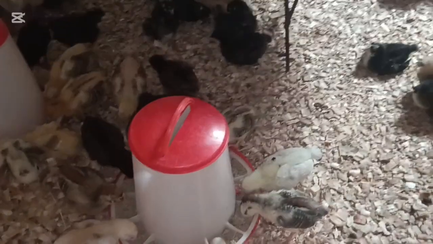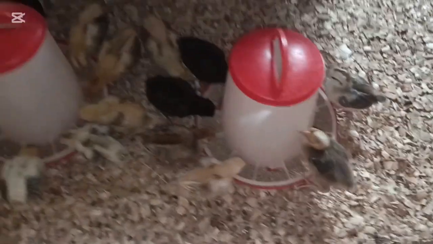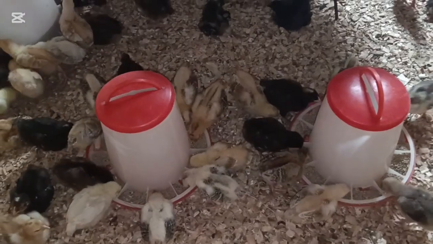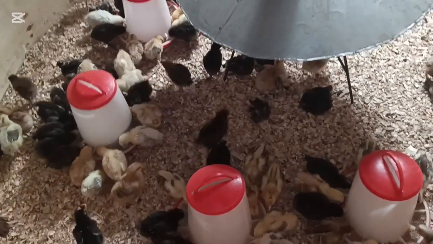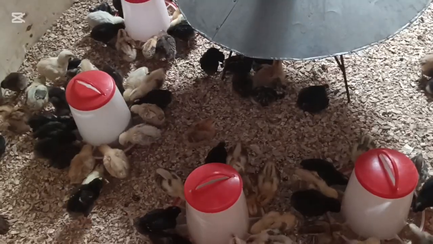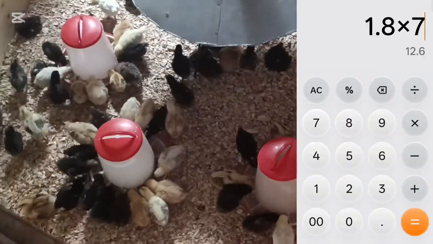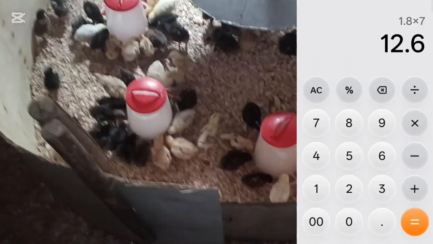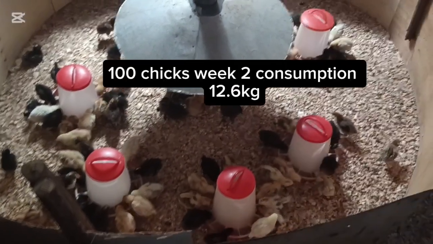If you want to know how much they will consume in week 2, actually we are in week 2. This week we are giving them 18 grams. We started giving them 18 grams per chick per day on day 8. So the amount of feed they will eat for the entire week 2 is 1.8 kg times 7 days. That is 12.6 kg. So that is how you measure the feed for the chicks.